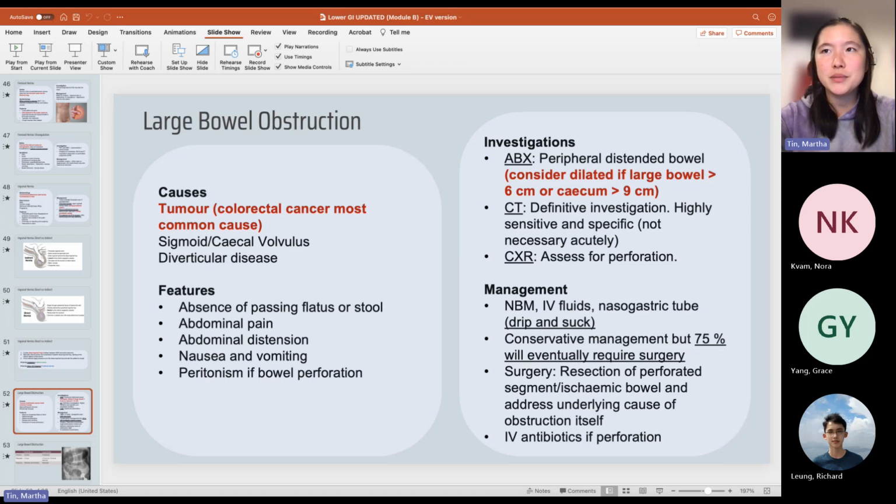Management obviously depends on the case, but you would still try the drip and suck method just like you would for small bowel obstruction. But by large, you are far more likely to end up having surgery if you have large bowel obstruction compared to small bowel. It says here 75%. A lot of the time you'll find textbooks which will just say management for large bowel obstruction is surgery, because so often they end up requiring surgery at the end of the day.